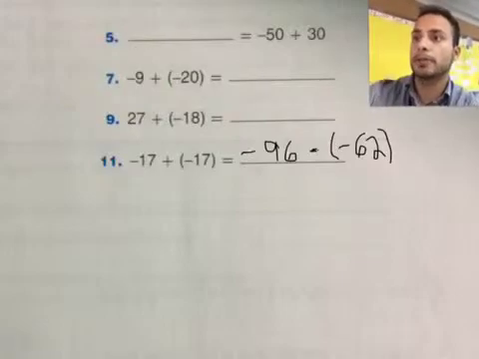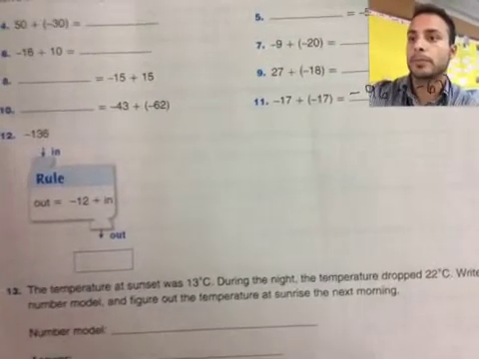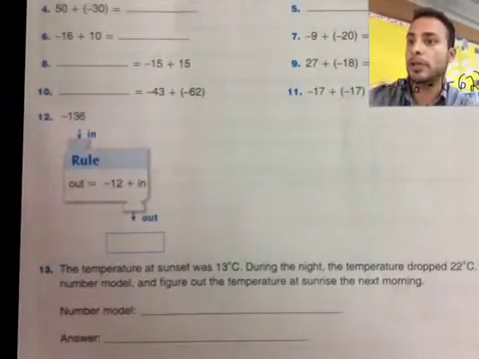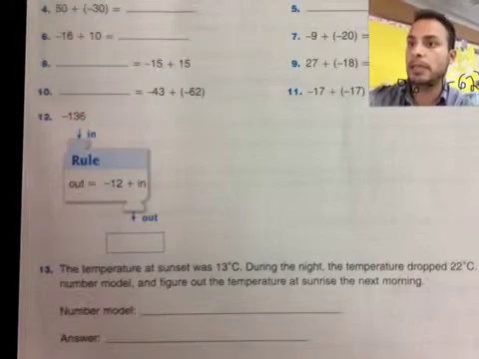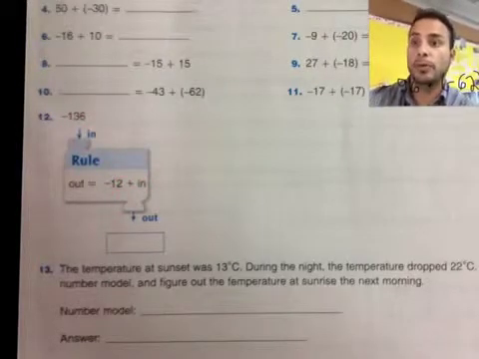Let's go back to another key answer here. Okay, the out rule is going to be, if the in is negative 36, okay, if you look here, in is negative 36 plus negative 12. Well, what's negative 36 plus negative 12?